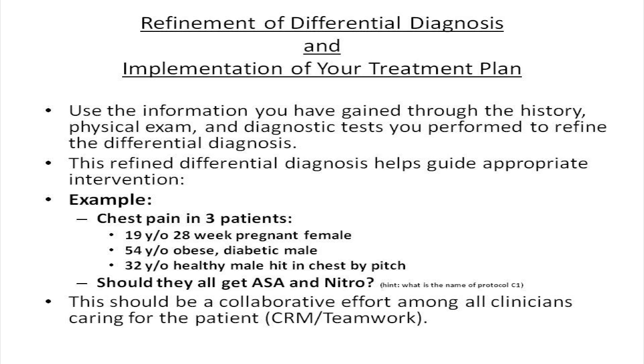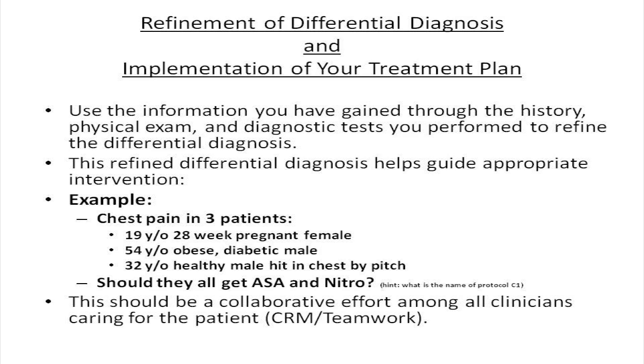So once you addressed your ABCs, you decided whether the patient was sick or not sick with the look test, you stopped and formulated your differential, and it was organized by most likely to least likely and most severe to least severe. Then you used your history, your physical exam, and diagnostic testing to gather information to either rule things in or rule things out from the differential, and allows you to refine your differential.